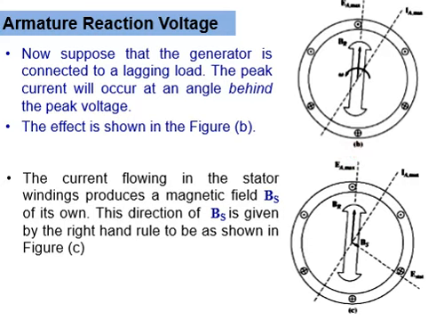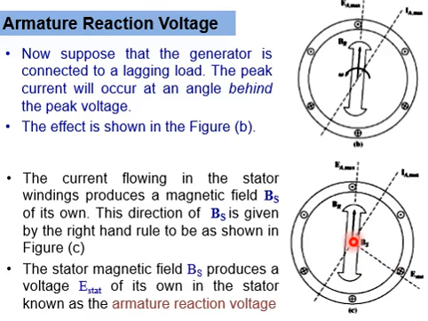The current flowing in the stator windings produces a magnetic field Bs of its own. The direction of Bs is given by the right hand rule to be as shown in figure C. This figure shows that this is Bs, which has been calculated by the right hand rule.